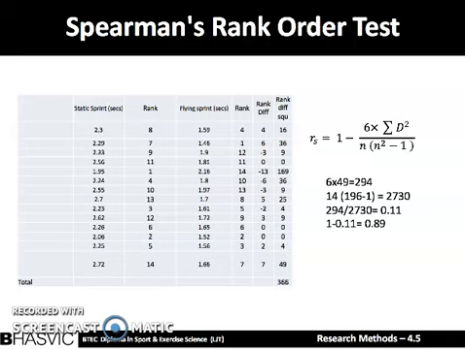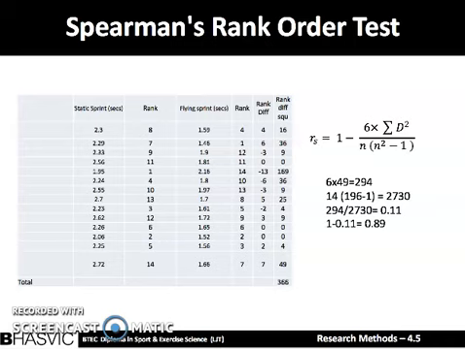So you've done the bottom half and you've done the top half. Now all that's left to do is divide the top half by the bottom half. So in this case you would do 294, the top half, divided by 2,730, the bottom half, which equals 0.11.